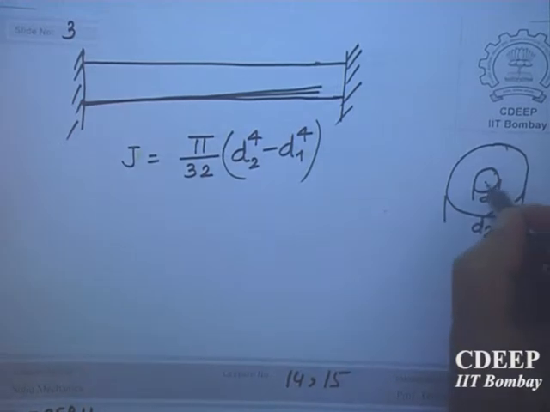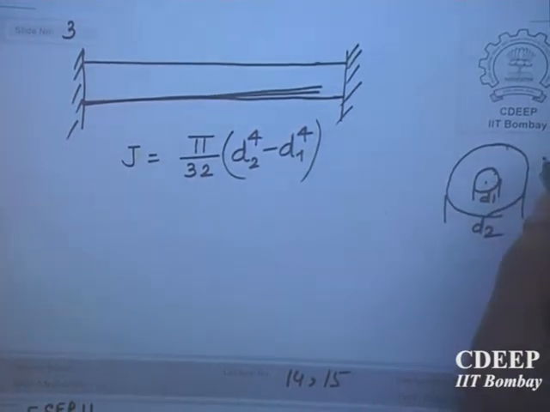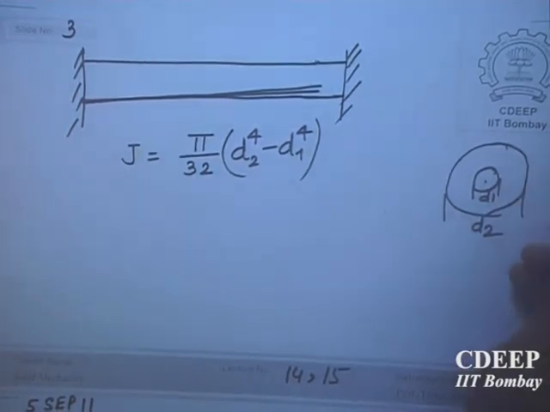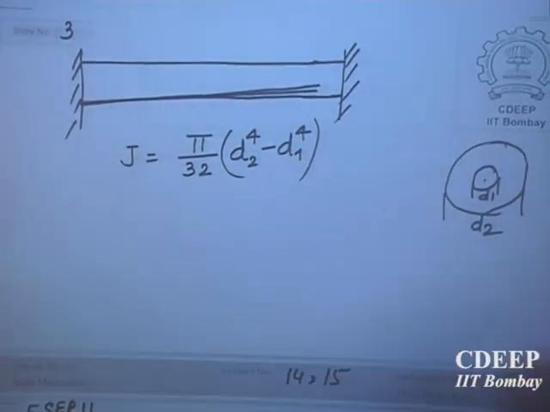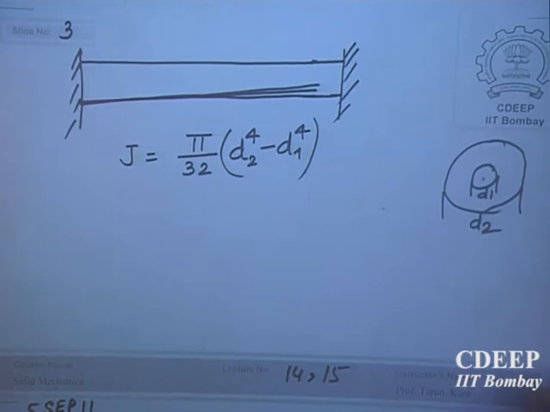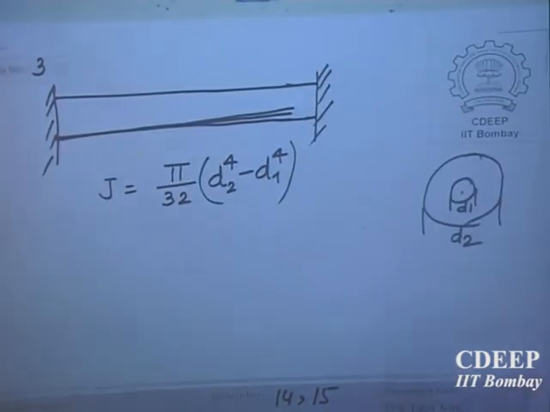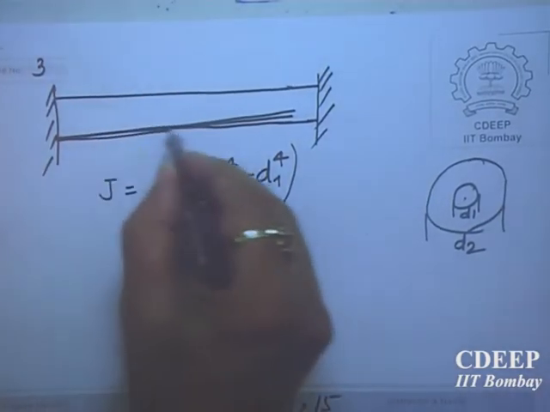Because you have to integrate over the area, dA times r square, this will come out to be the J of a hollow cross section. So only J will change whether it is solid or hollow.